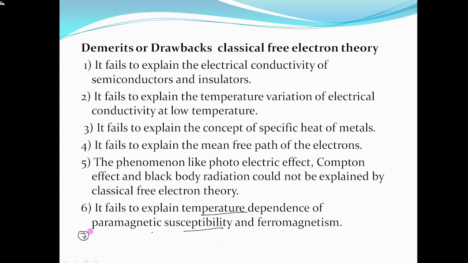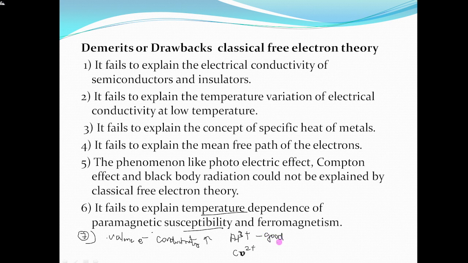Next failure is, see here, we said that all free electrons are valency electrons. Means if valency electrons are more, its conductivity should be more. For copper, valency electrons are only 2, but for aluminum 3 valency electrons. According to classical mechanics, which should be the good conductor?